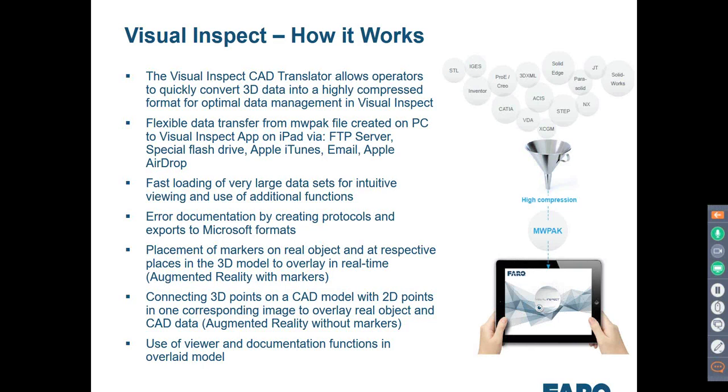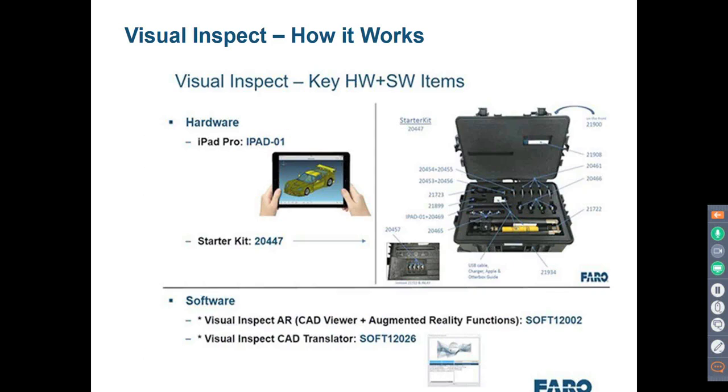Yeah, sure. There are two possibilities of doing augmented reality. We have to synchronize the real world with the CAD data. This can be done with a special marker set we created. It's very easy to attach these markers because they have special adapters in the real world. For example, stick them in holes, or we have magnetic markers or electrostatic markers for aluminum. You just place them in the real world, and we need 4 of them.